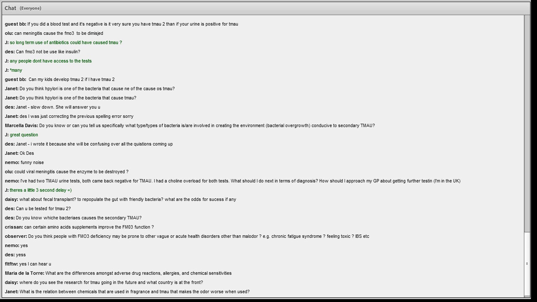An adverse drug reaction would be when you take a chemical and the concentration of that chemical rises to an amount that would cause a very bad effect.